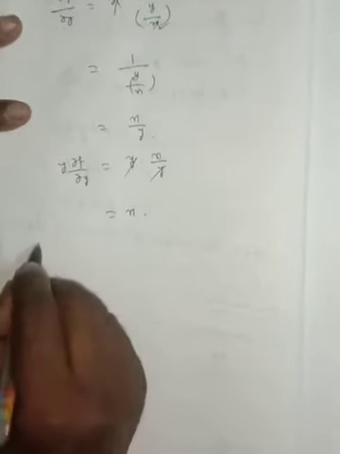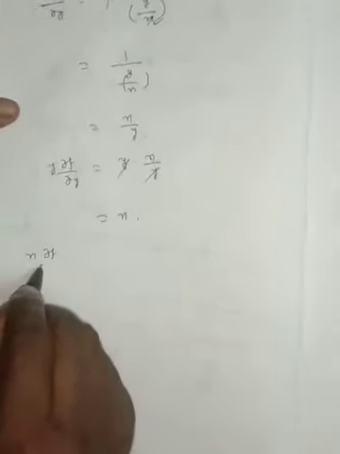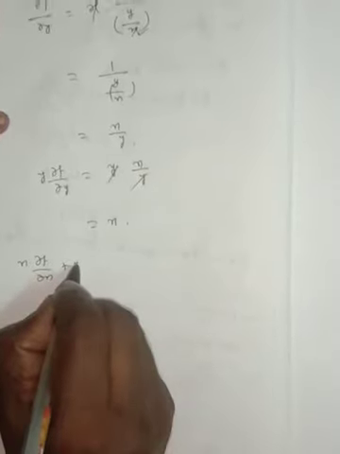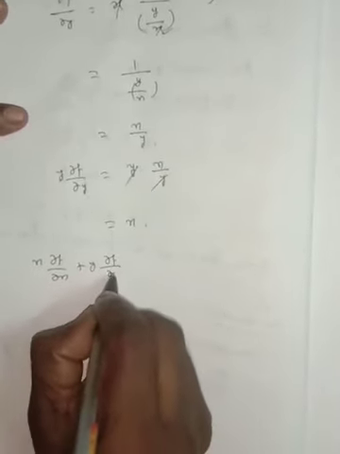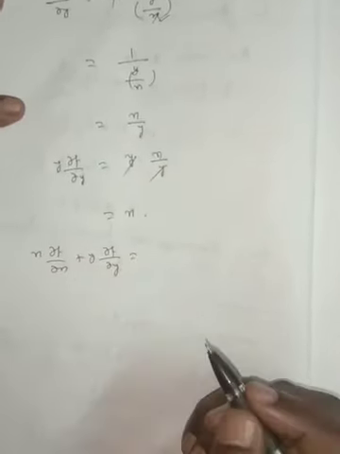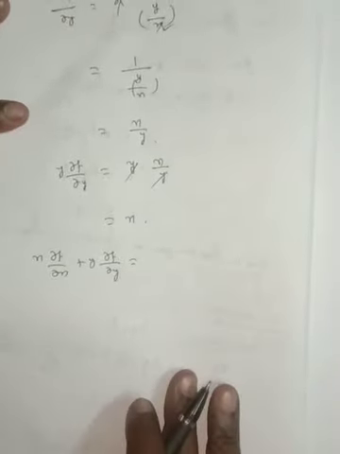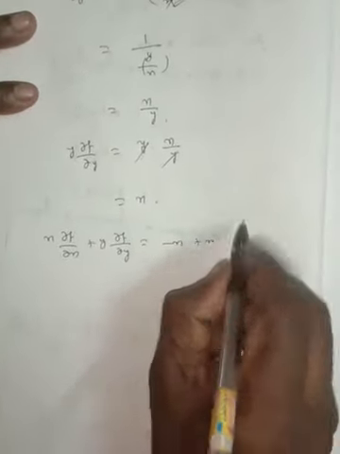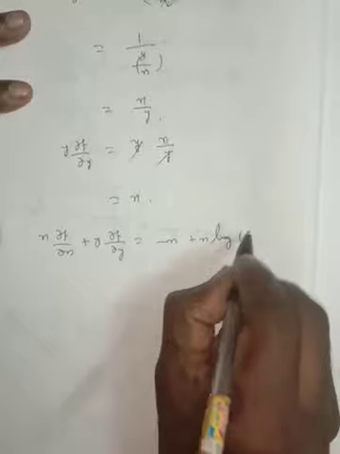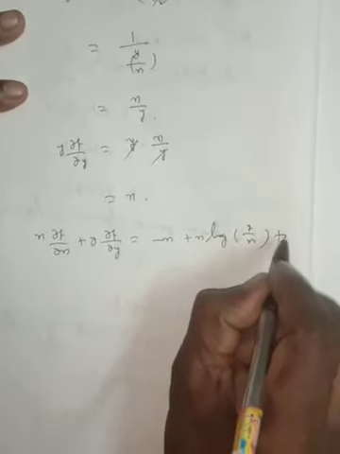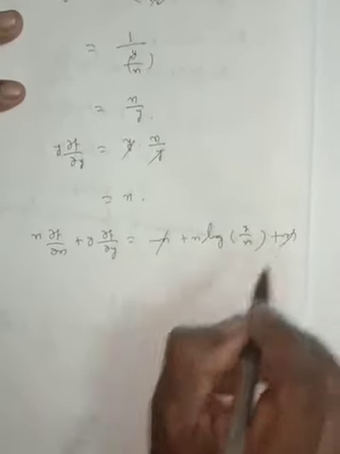Now x dou g by dou x plus y dou g by dou y is equal to minus x plus x into log of y by x plus x. This and this are cancelled.